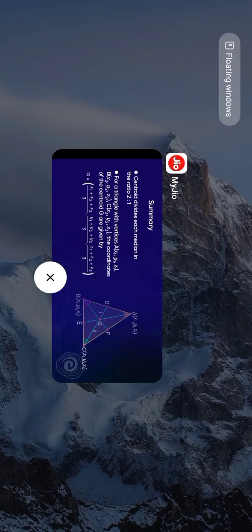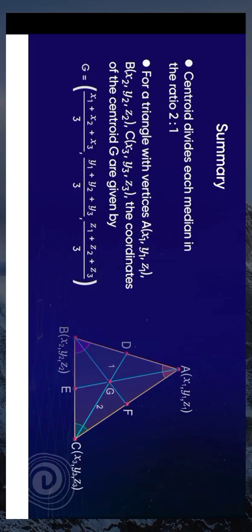The coordinates of the centroid for a triangle with vertices A (x1, y1, z1), B (x2, y2, z2), and C (x3, y3, z3) are given by (x1 + x2 + x3) divided by 3, (y1 + y2 + y3) divided by 3, (z1 + z2 + z3) divided by 3.